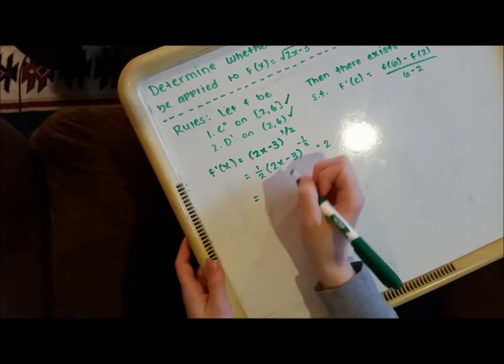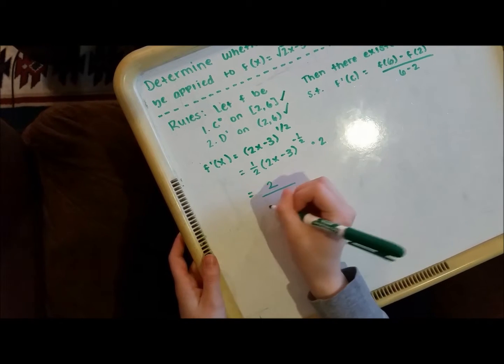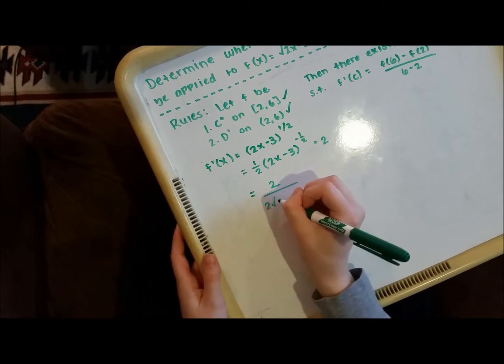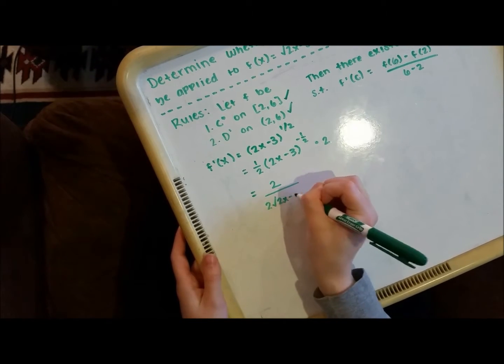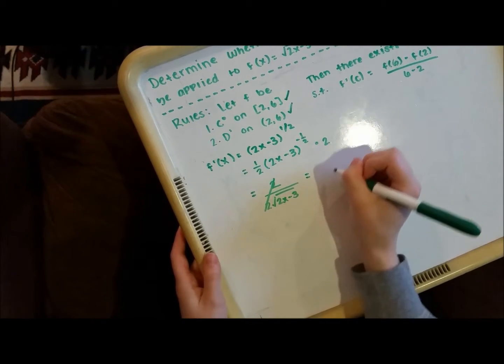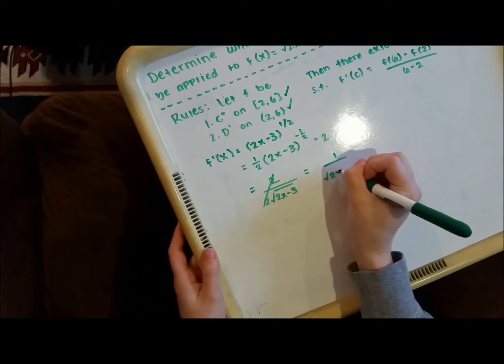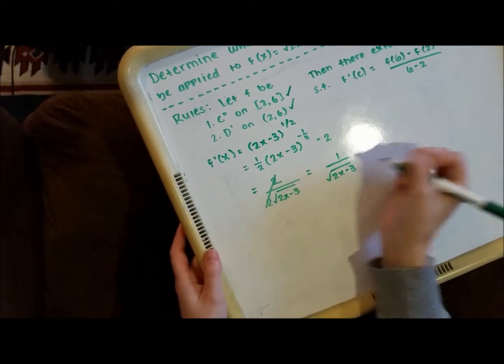If we simplify this, it becomes 2 over 2 times the square root of 2x - 3. The 2's cancel, and this becomes 1 over the square root of 2x - 3.